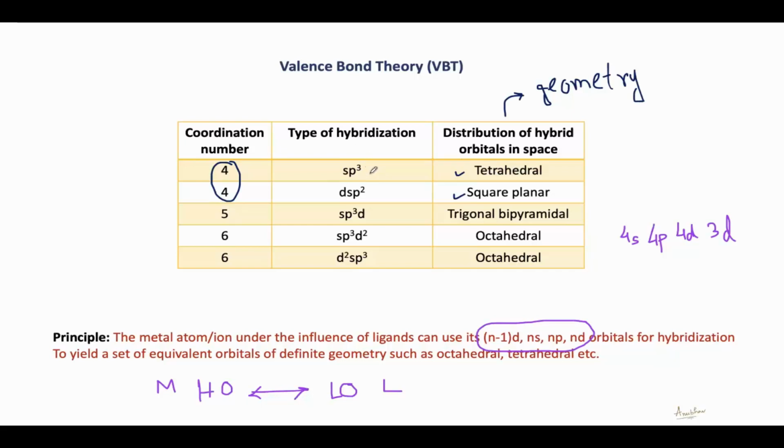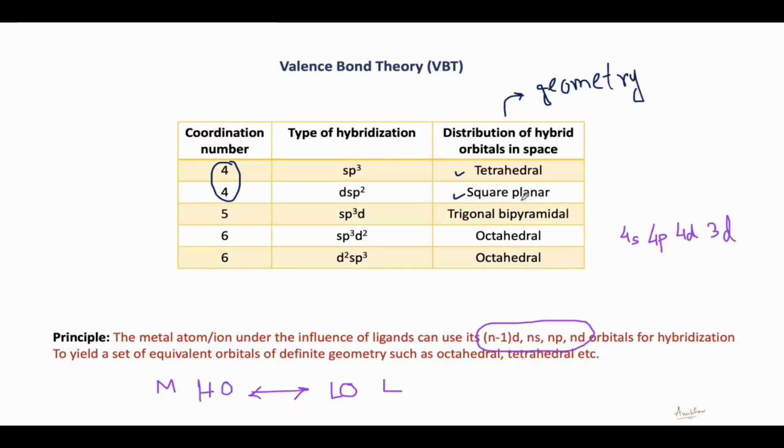But when the geometry around the metal center is square planar, the type of hybridization will be dsp2, so a d orbital is involved. So when the coordination number is 4, we have these two sets of hybridizations, sp3 and dsp2.